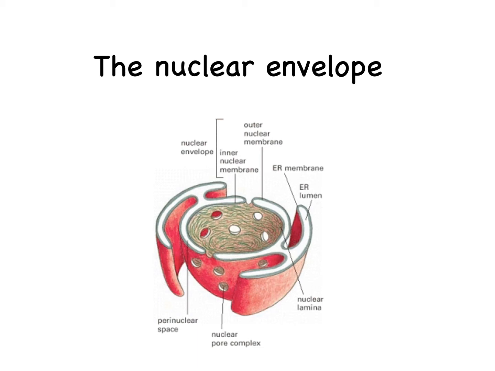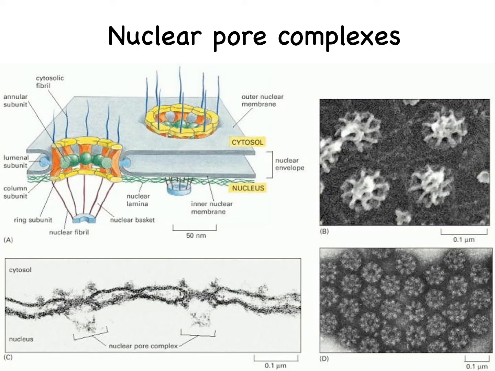They're a gated entry and exit point, which is shown in the next figure here, and on the right are some electron micrographs showing the pores, and on the left a schematic.